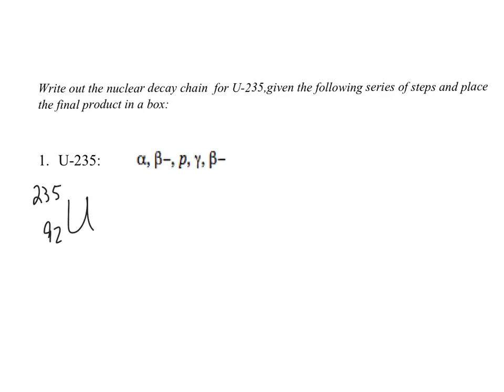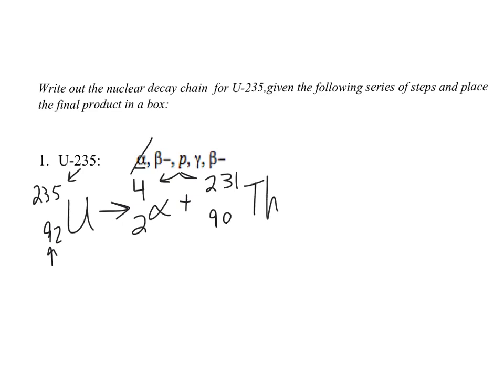So this time I want you to start with uranium-235. It has a mass of 235 on the periodic table, and an atomic number of 92. The first step is an alpha decay. So it's going to spit out an alpha particle, and it's going to balance. Again, we're counting our masses on both sides. They both add up to 235. They both add up to 92. So we turn our atom of uranium into an atom of thorium. That's step 1.